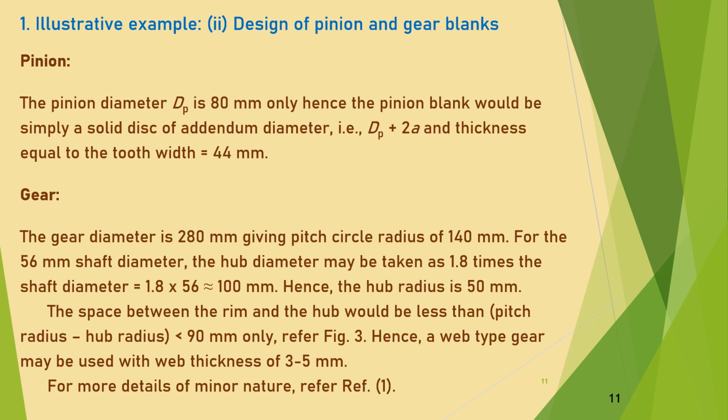The space between the rim and the hub would be less than pitch radius minus hub radius, that is less than 90 mm only. Refer figure 3 for clarity. Hence a web type gear may be used with web thickness of the order of 3 to 5 mm. For more details of minor nature, refer reference 1.